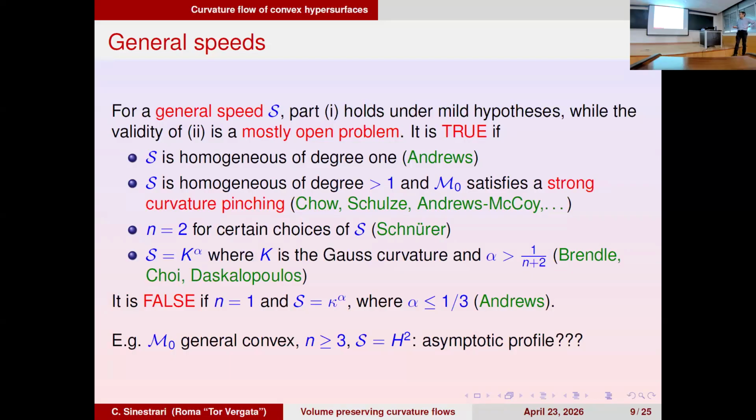So I'm just giving the names of the ones who gave the last contribution, but it came after a series of progressive improvements. So for the Gauss curvature flow, it's completely understood. Well, I mean, it's understood that over a certain threshold of homogeneity, that is n over n plus 2, so something slightly less than 1, you have convergence to a round profile.